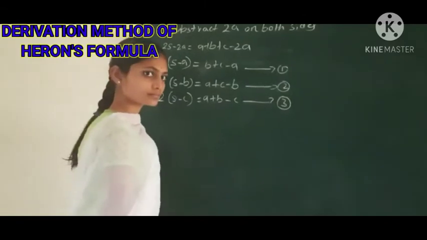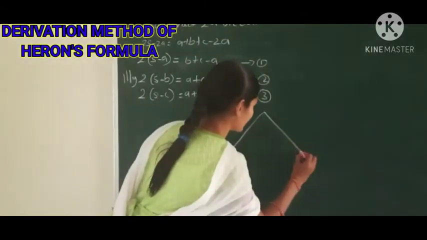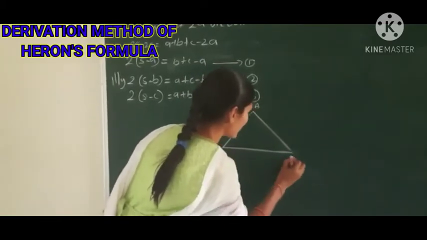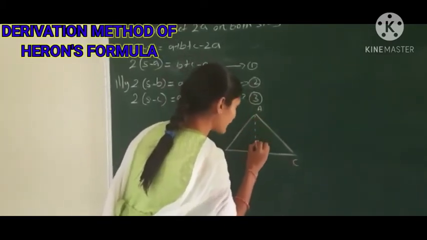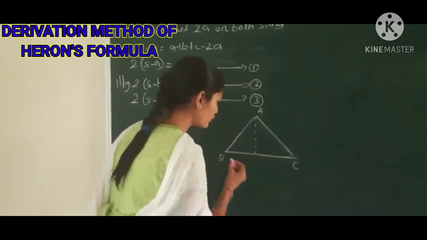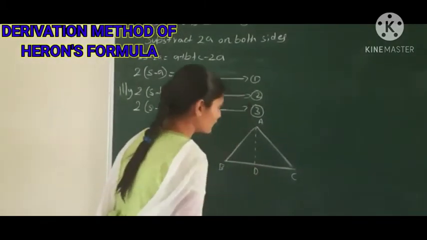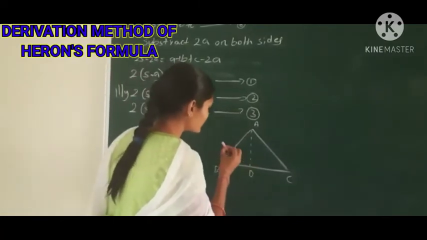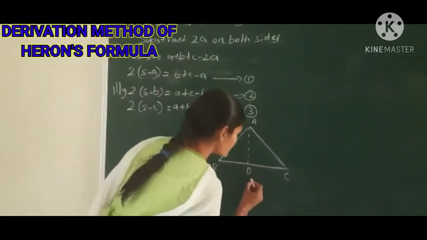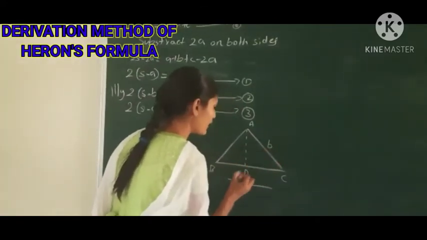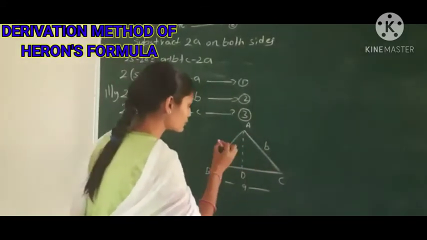Now draw a triangle ABC and we consider the height of the triangle ABC. It is perpendicular to BC, denoted by D. Here the opposite side of angle A is equal to small a, the opposite side of angle B is equal to small b, and the opposite side of angle C is equal to small c.